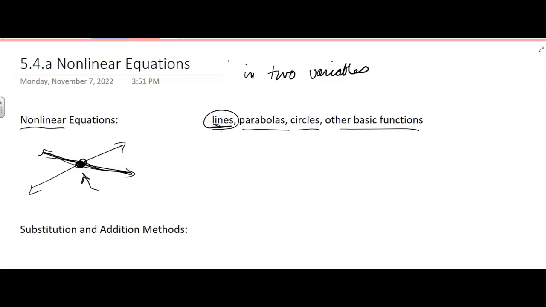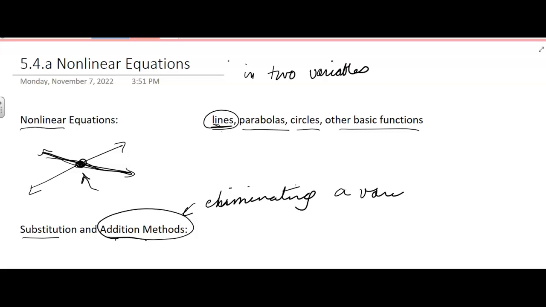Some were parallel and there was no solution. Sometimes we only had one line and there was an infinite number of solutions. Our methods that we used, though, were substitution and addition methods. We'll still be using those methods. Now, remember, the addition method has to do with eliminating a variable. And so we'll still look at that in some of the problems.